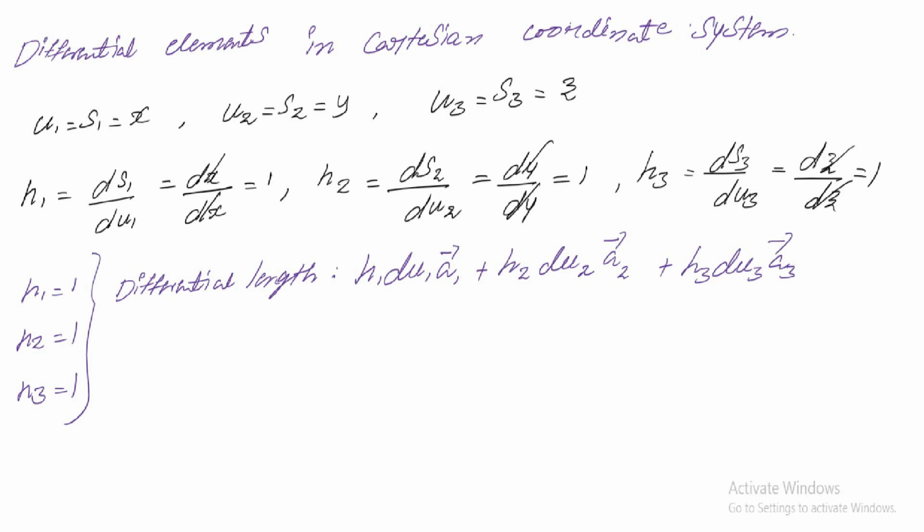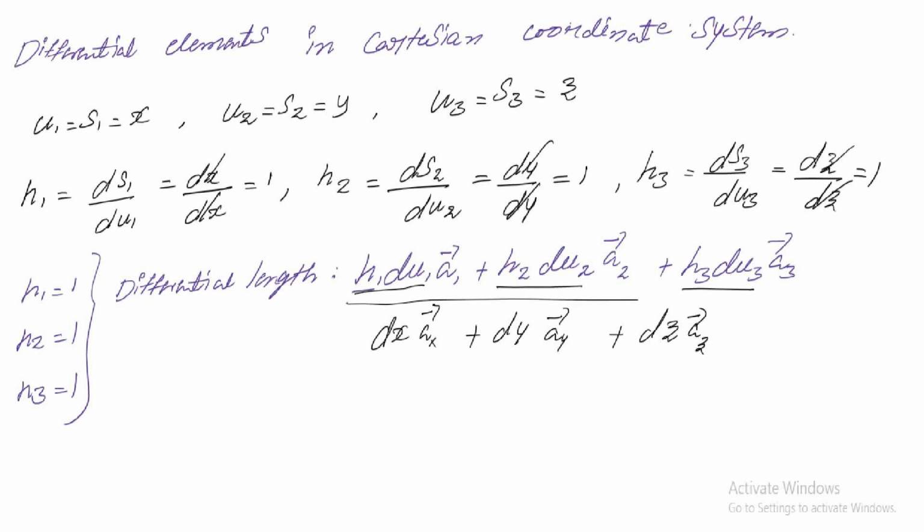Let us substitute. For the Cartesian coordinate system, h1 is 1. What is u1? u1 is nothing but x. So here you are going to get dx in the direction of x. This becomes dy in the direction of y. And this becomes dz in the direction of z. So this is your differential length vector for your Cartesian coordinate system.